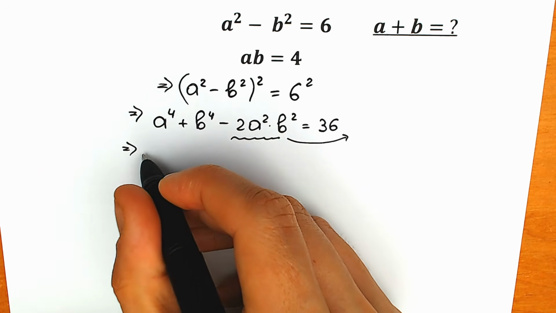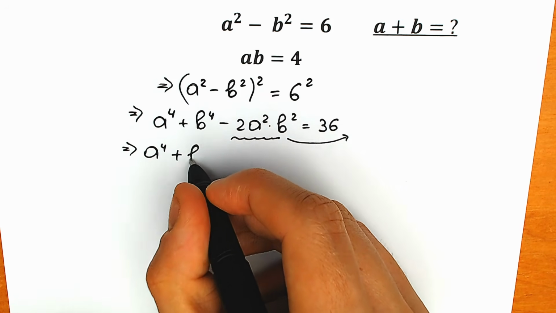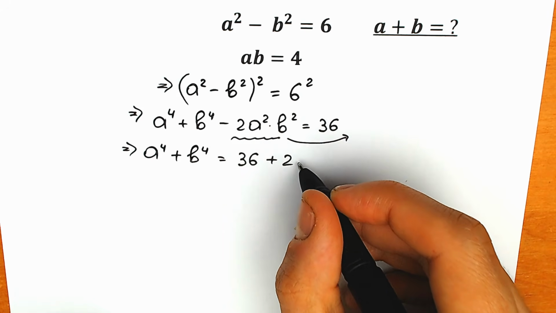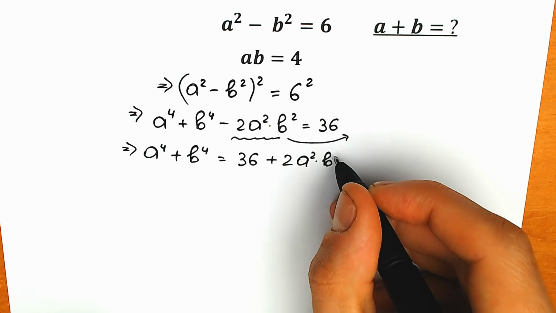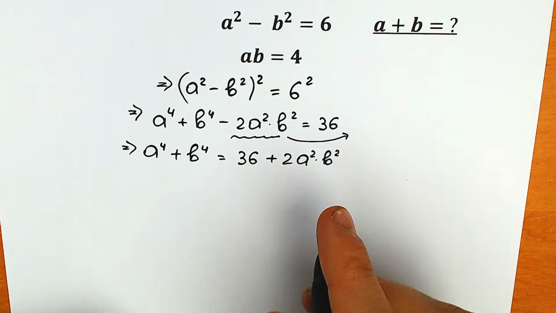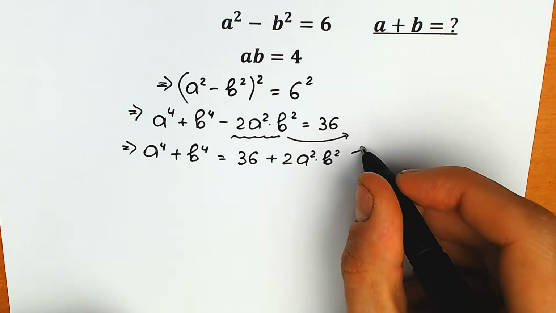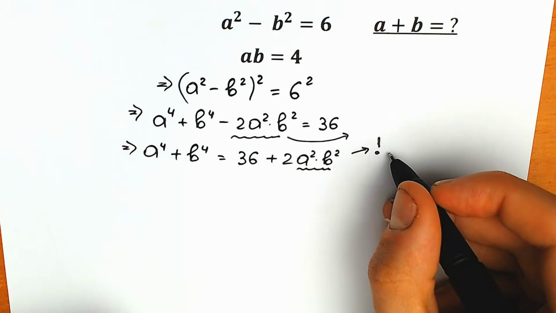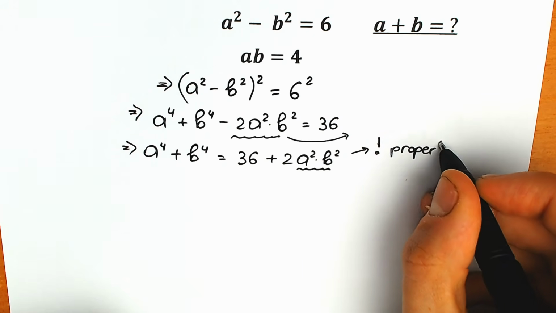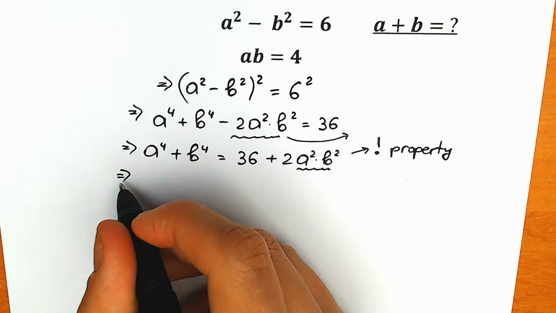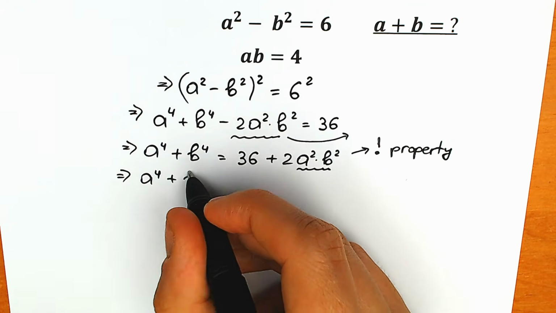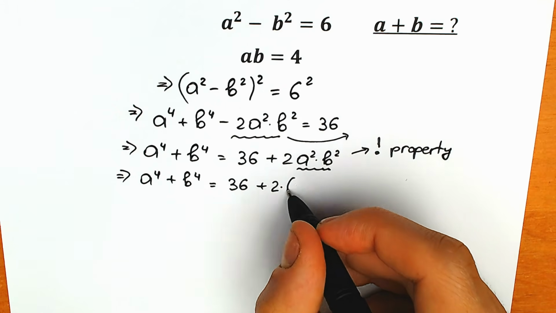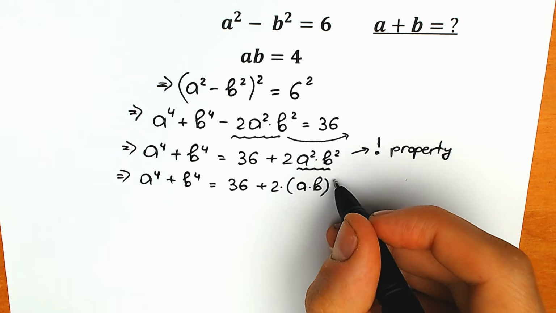We have a to the power 4 plus b to the power 4 equal to 36 plus 2 times a square times b square. Now there is an extremely great property: we can write this expression as a times b to the power 2. So a to the power 4 plus b to the power 4 equals 36 plus 2 times a times b to the power 2.